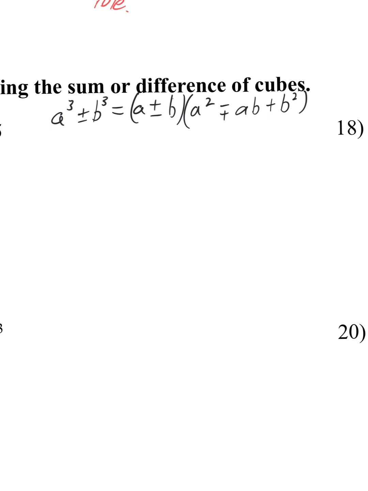Whatever sign you have in your original problem, this first sign will be the same. The second one, I was careful to write upside down: instead of plus minus, I wrote minus plus, because this sign is the opposite of the first sign. And the last one is only a plus. The last piece is always positive.